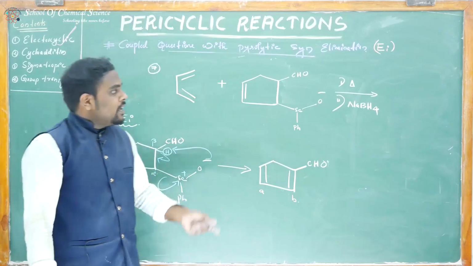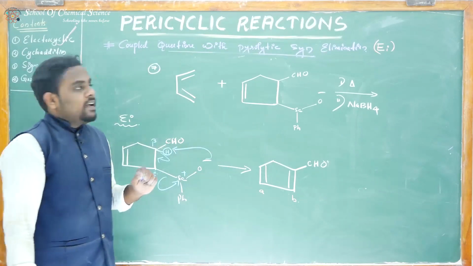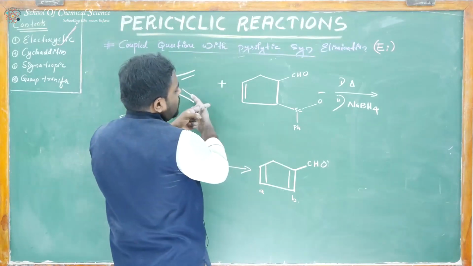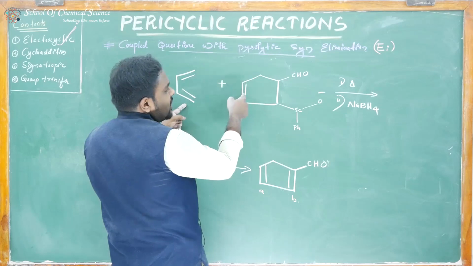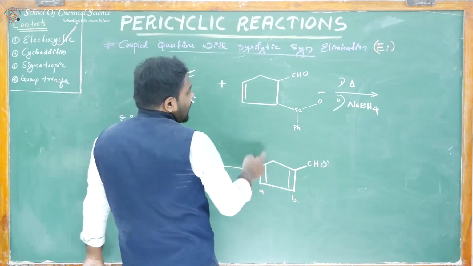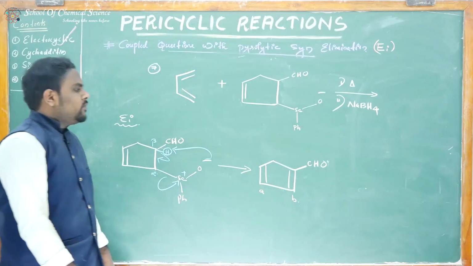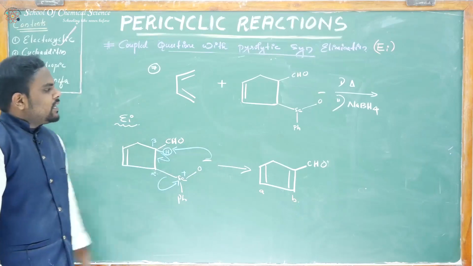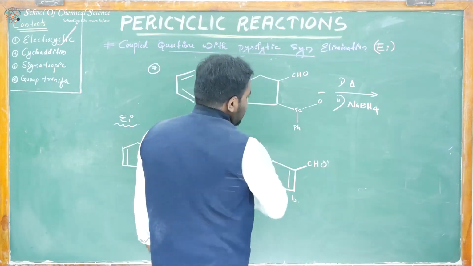That is why first pyrolytic syn elimination, then only Diels-Alder. If first Diels-Alder reaction takes place, what happens? This double bond does not contain an electron withdrawing group. Here after pyrolytic elimination, the double bond contains an electron withdrawing group. So first pyrolytic syn elimination takes place.